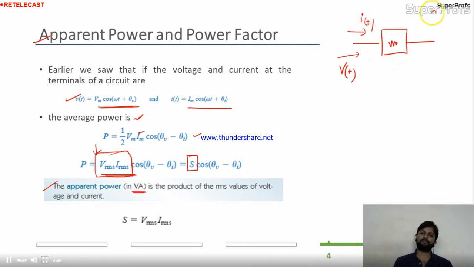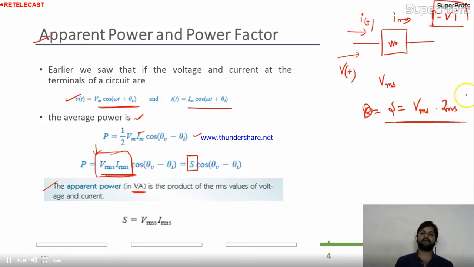We know power is V into I, but for the AC circuit the effective quantity is RMS. So the apparent power, denoted by S, is simply Vrms into Irms. If anybody asks what the apparent power is, you simply take the effective values and multiply them. Is it okay?